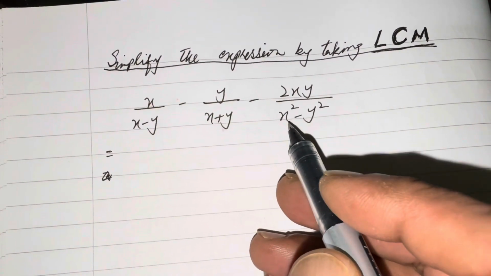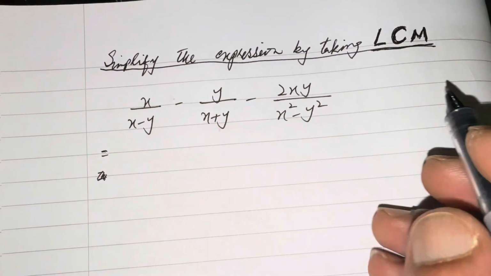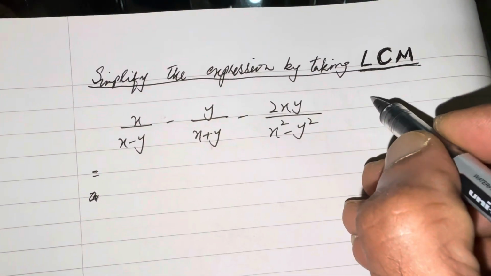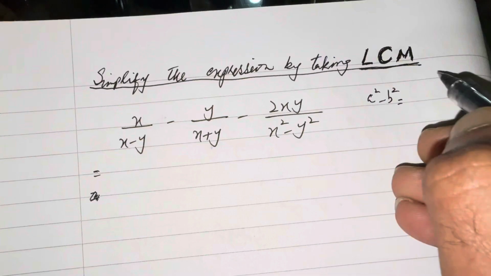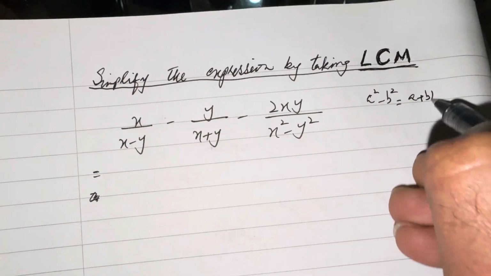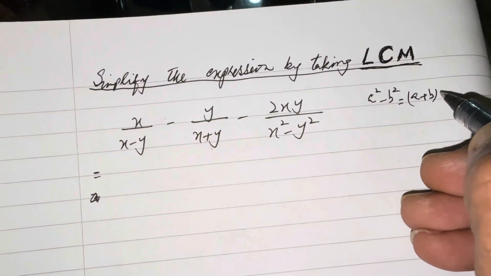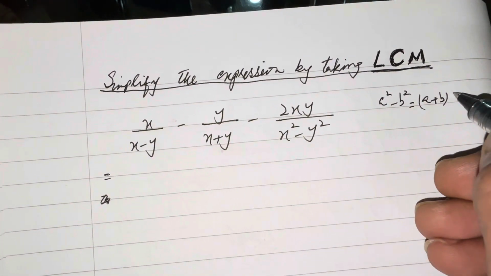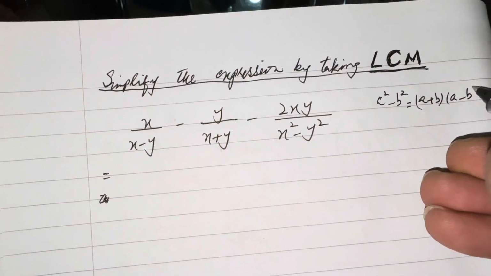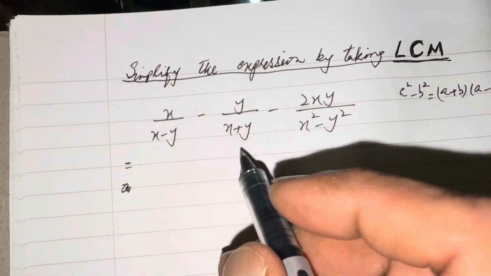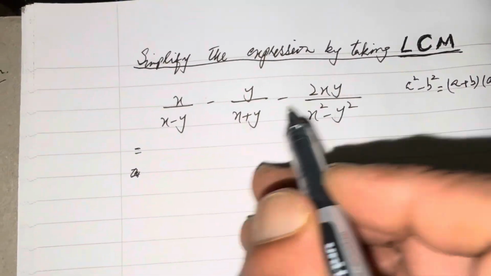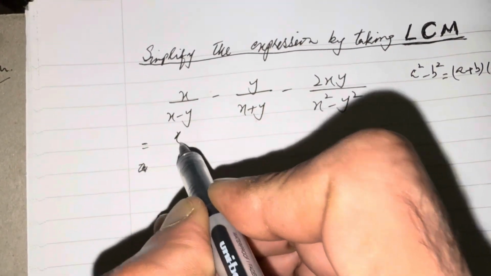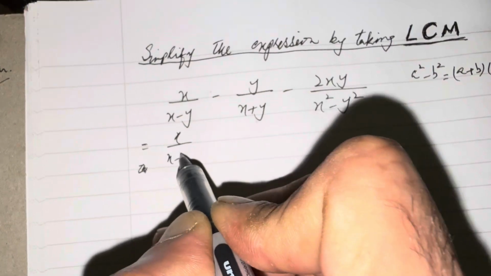If you remember that a square minus b square is equal to a plus b into a minus b.